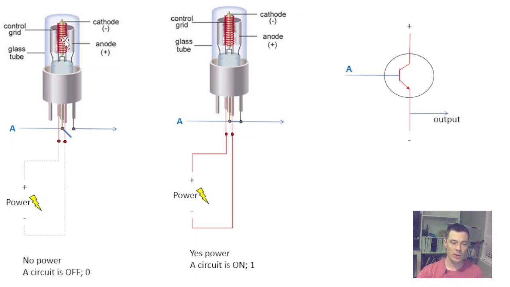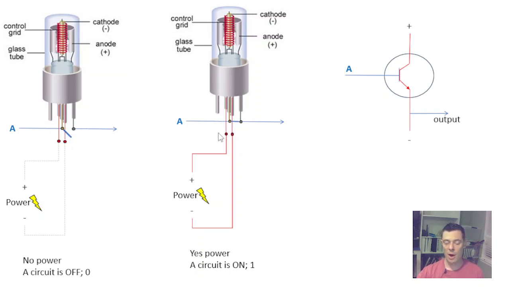So here's what the vacuum tube was. This red coil here in the middle is a heater. And when you turn power onto the heater, so in this case the power is on, you see the red lines, it would heat up this cathode, and it would allow electrons to flow from the cathode to the anode. In essence, when you didn't have power, electrons would not be flowing, the gate was closed.